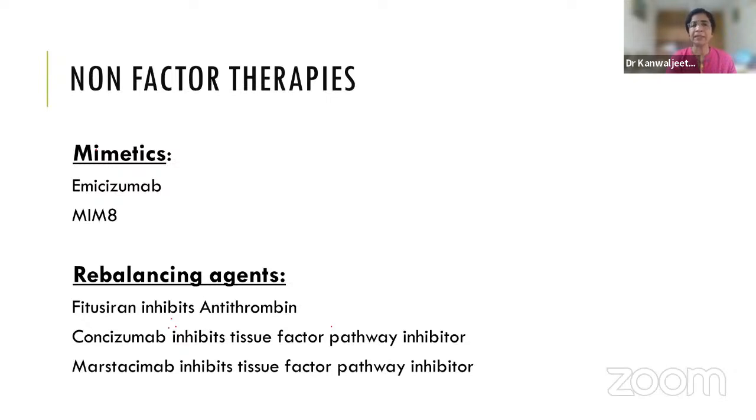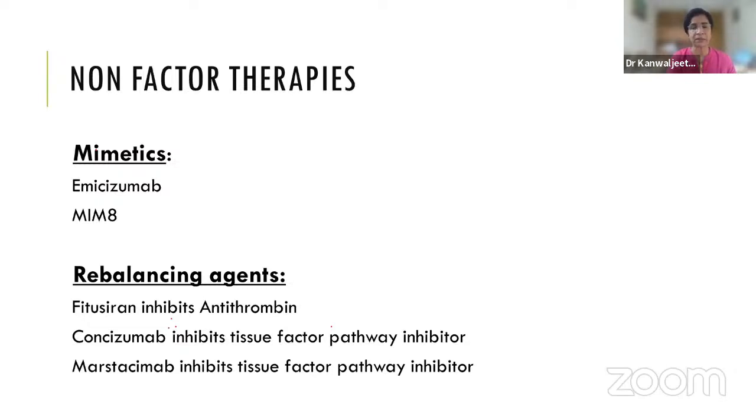Mim8 is again a factor 8 mimetic. Mimetics are not available for factor 9. This product is still under investigation. Emicizumab is available in the market with the name Hemlibra. Rebalancing agents, what they do is, instead of promoting the coagulation factor as we were doing with the mimetic, we are trying to reduce the anticoagulant system.